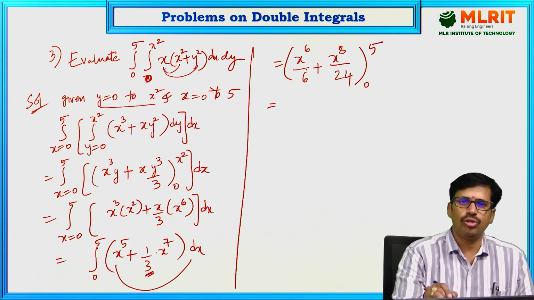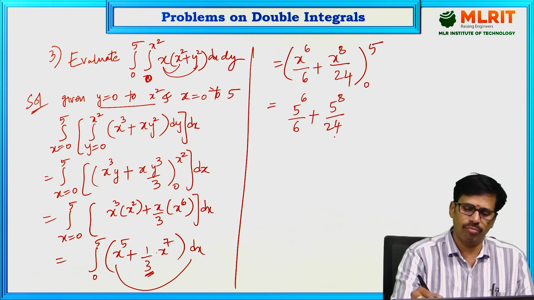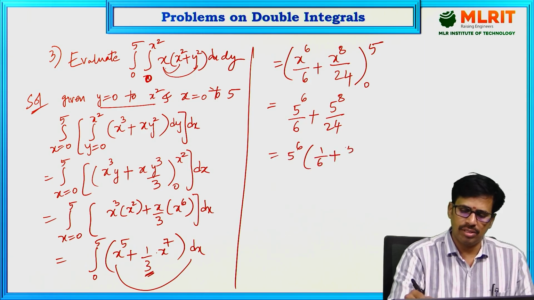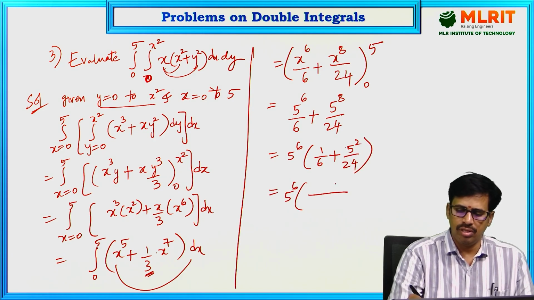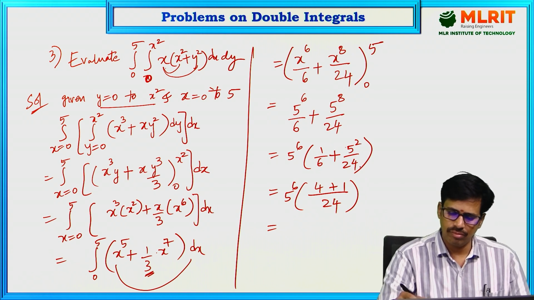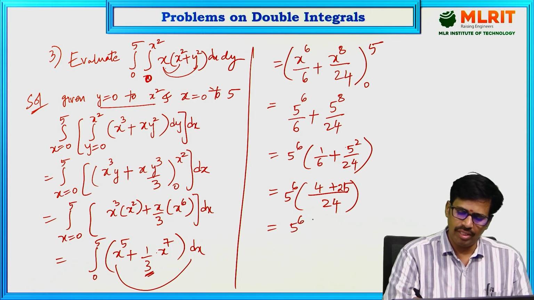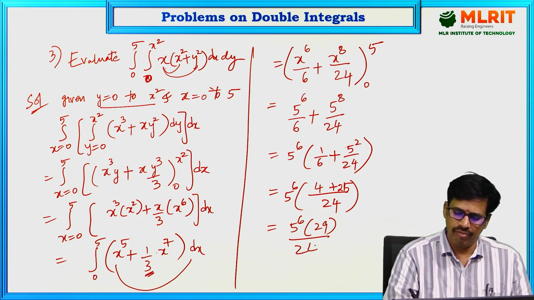In place of x substitute the upper limit: 5 power 6 by 6 plus 5 power 8 by 24. Taking 5 power 6 common, this is 1 by 6 plus 5 square by 24. With LCM 24, this is 4 plus 25, so 5 power 6 into 29 by 24.